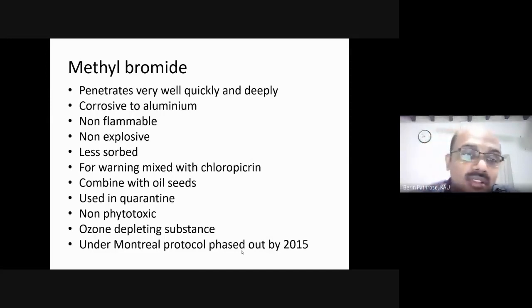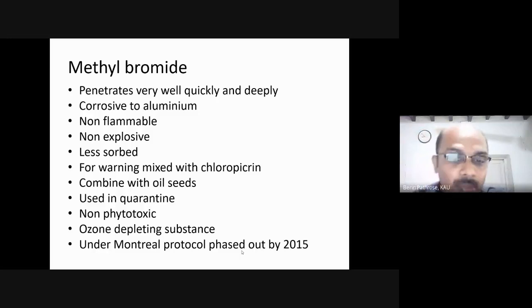It is non-inflammable, non-explosive. It doesn't get absorbed. We mix it with chloropicrin that we have seen earlier, tear gas, to have a warning odor. One disadvantage is it combines with oil seeds. Oil seeds cannot be fumigated. It is used in quarantine. It is non-phytotoxic, but it is an ozone depleting substance.